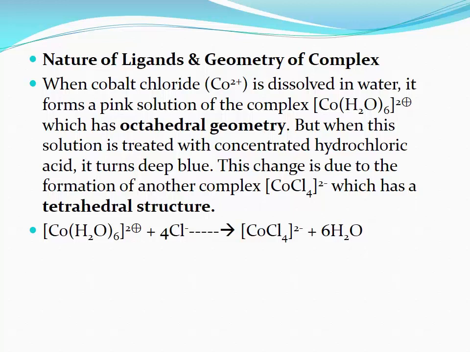Here, when cobalt is attached to H2O, in its solution state it has pink color. But when it is attached to chlorine or Cl- ion, then the color of [CoCl4]2- becomes deep blue. That is, the color of the complex also depends upon the geometry of the complex and the nature of ligands attached to the metal ion.